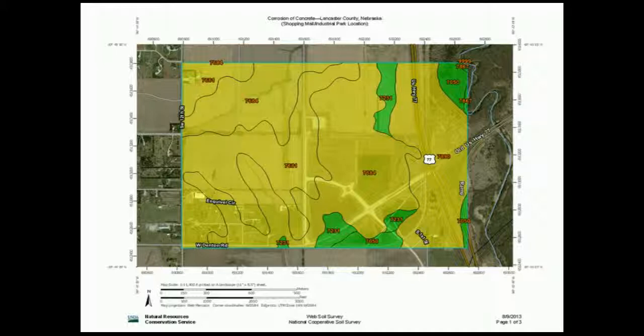So if we look in our area, the 7231 and the 7050 down here are green, meaning that the soil in this area is probably not going to have any negative impact on concrete corrosion. If we look up here in the 7684 area, this soil could have a low to moderate impact on concrete. So if you were to build in that area, you'd want to take special care to ensure that the concrete would not be negatively impacted.